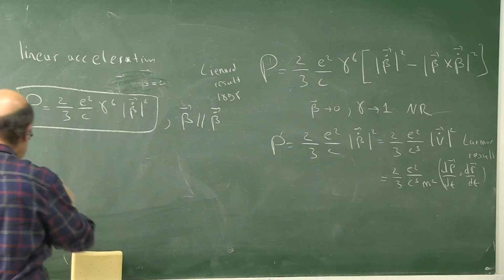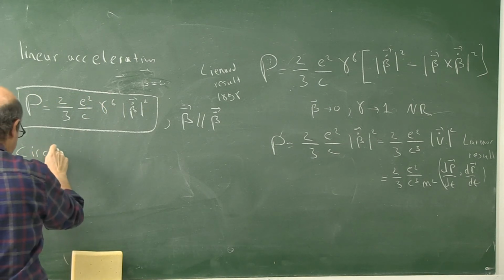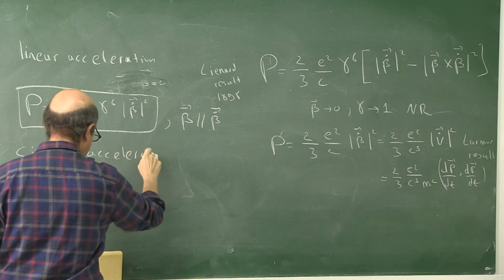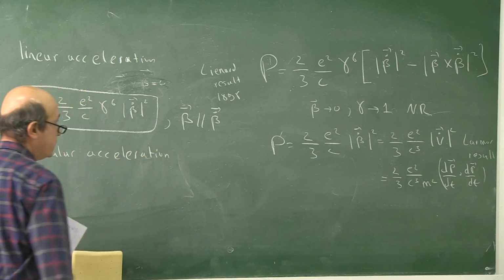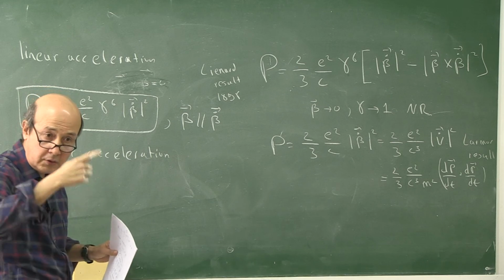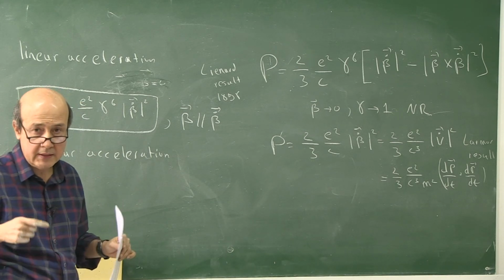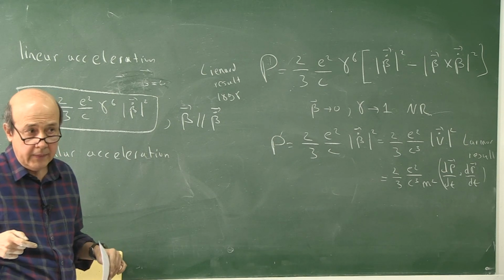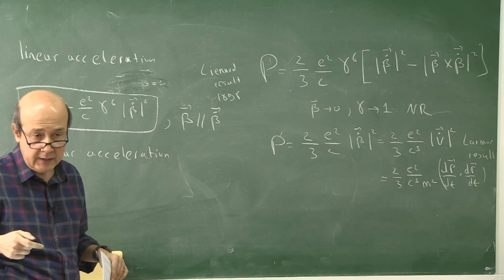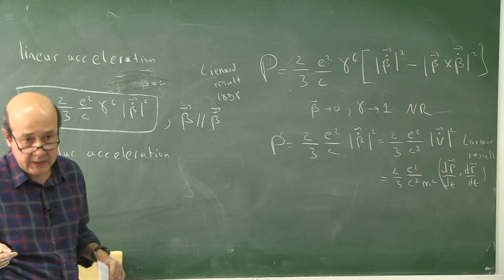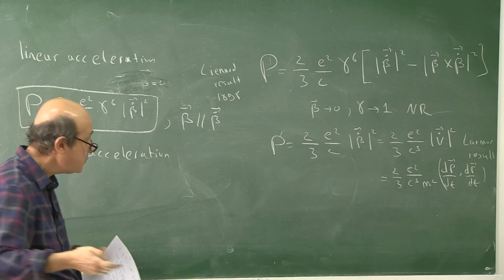If you have a circular acceleration, then beta cross beta dot is not equal to 0. Beta cross beta dot is equal to beta times beta dot, sine 90 degrees.